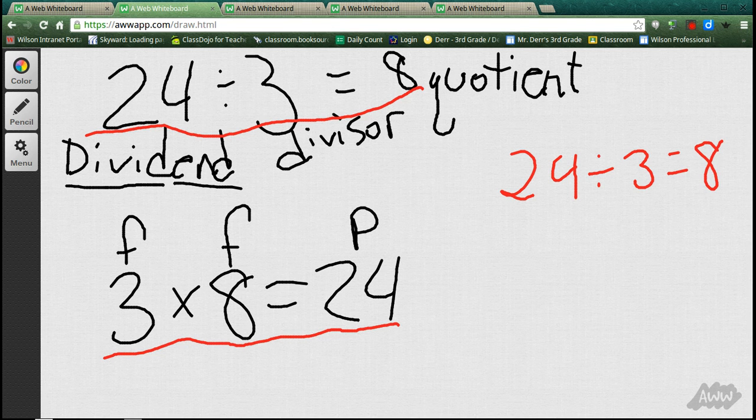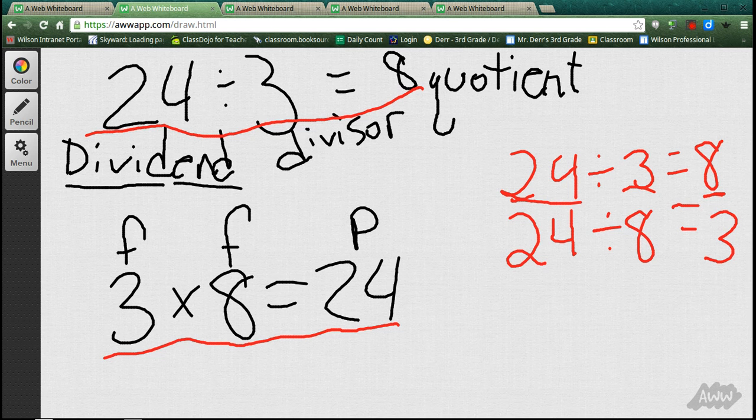And let's see if we can come up with another division problem that goes in this fact family using the numbers 24, 3, and 8. Well, because I know I'm going to have to start with my larger number for division, I start with my 24. But I've already divided by 3, so now I'm going to divide by 8, and 8 becomes my divisor, and 3 becomes my quotient.